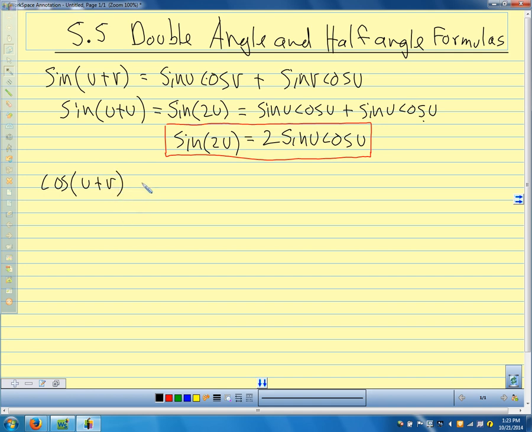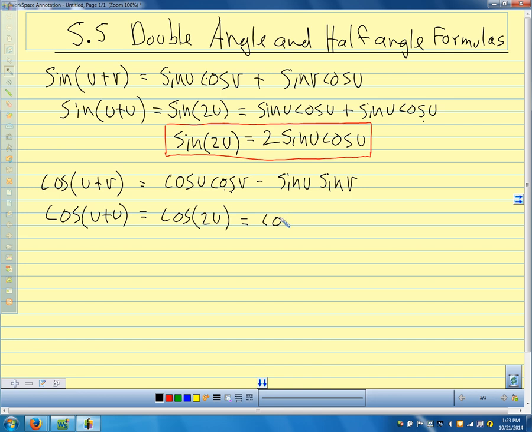So the cosine of u plus v, just to remember our formula, is cosine u cosine v minus sine u sine v. And I want to plug the same angle in there twice, u plus u, which is cosine of 2u.